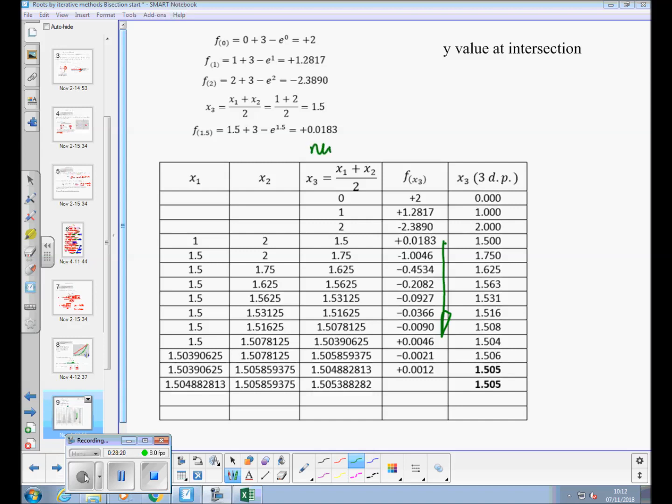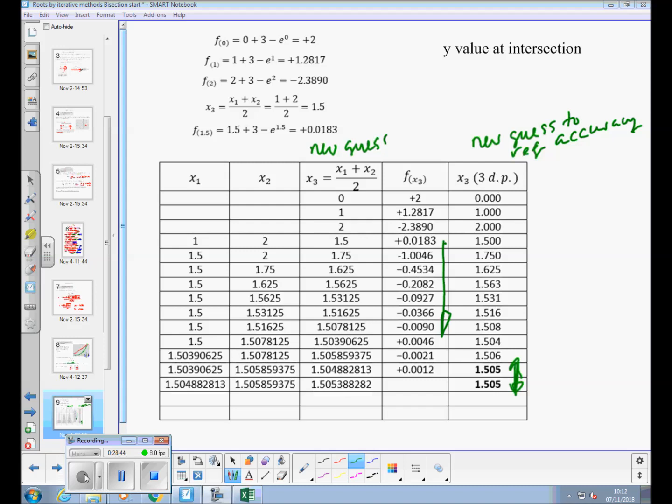There. We find another new guess, 1.046875, which rounds to 1.05 to three significant figures. And we put that 1.046875 in the function. We still get a negative result. So we've got another new bottom limit.